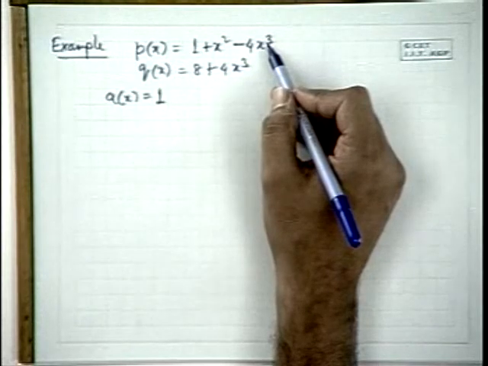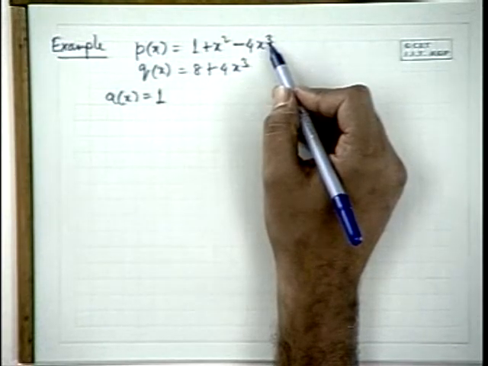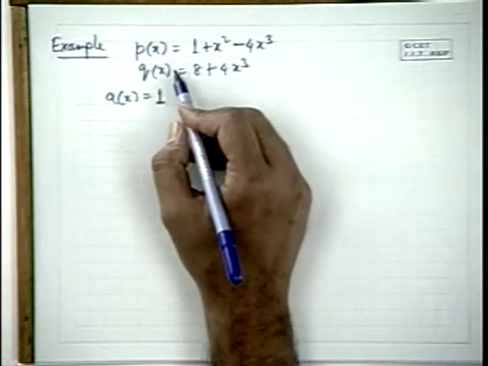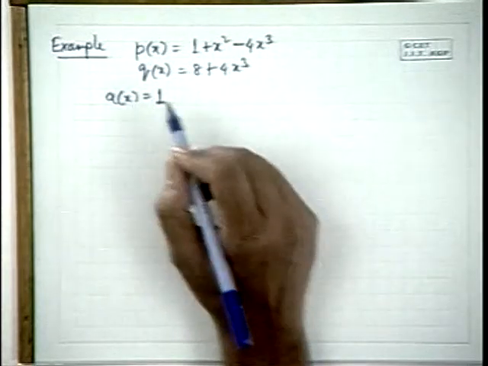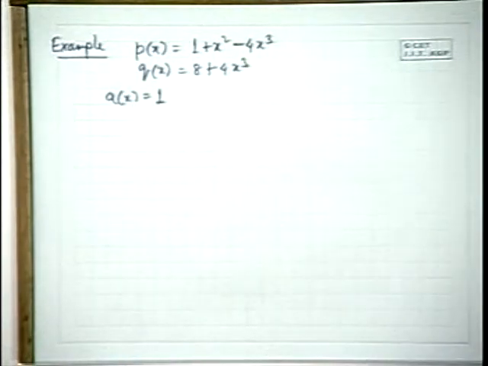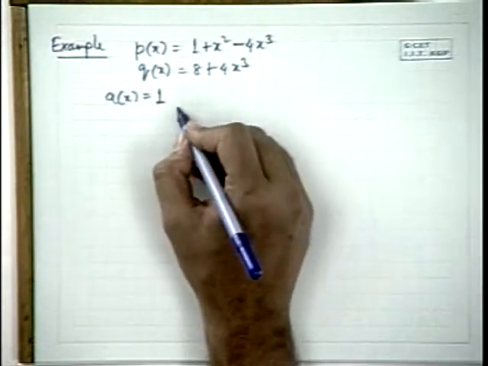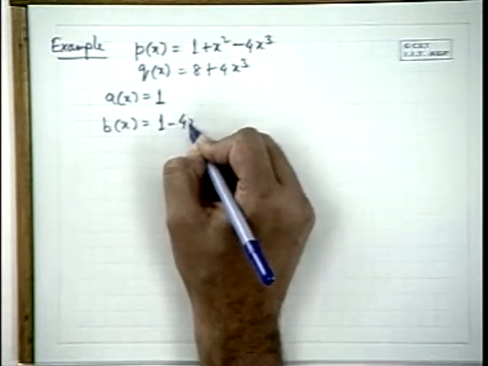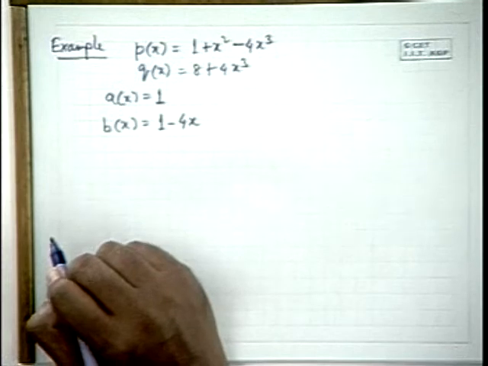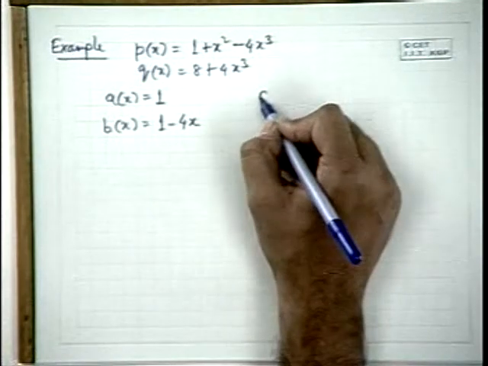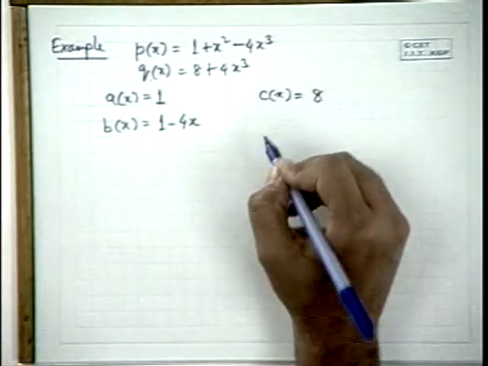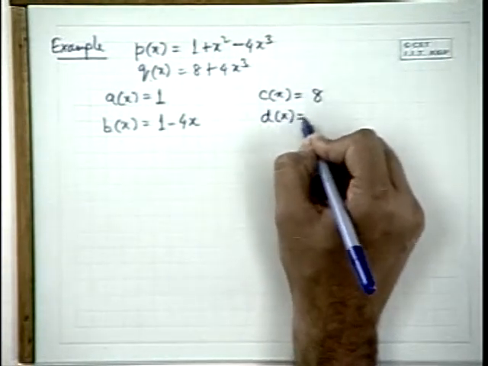So n over 2 minus 1 is 1. So ax will be 1. Then bx becomes, if you go to the definition, 1 minus 4x. Go to the definition, otherwise we will not be able to see. cx here for Qx will be 8 and dx will be 4x.